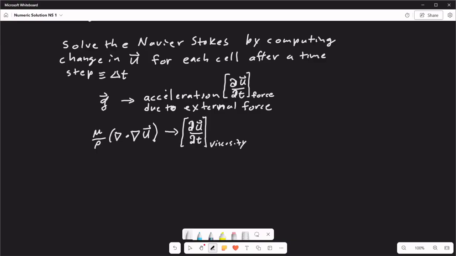So this is basically the force on each cell that's caused by the fluid around it moving and basically dragging the fluid in that particular cell, which depends on the viscosity constant. So if this was 0, then this term would disappear. But if there's viscosity, then it causes a force in each time step due to the viscosity.